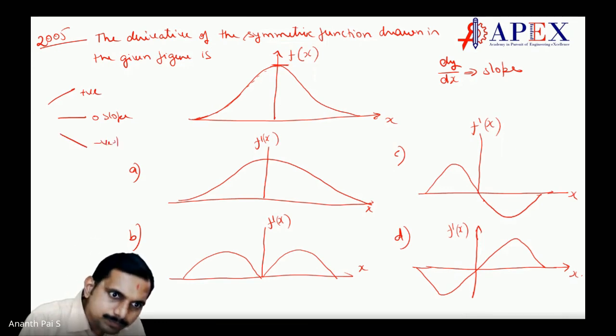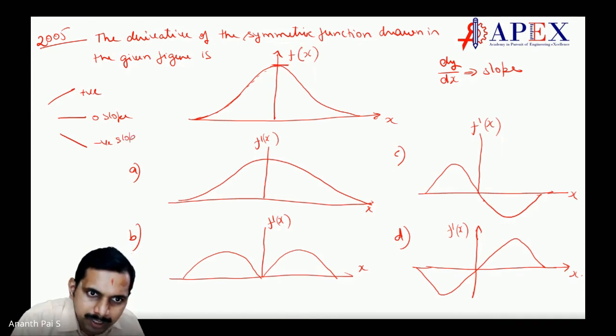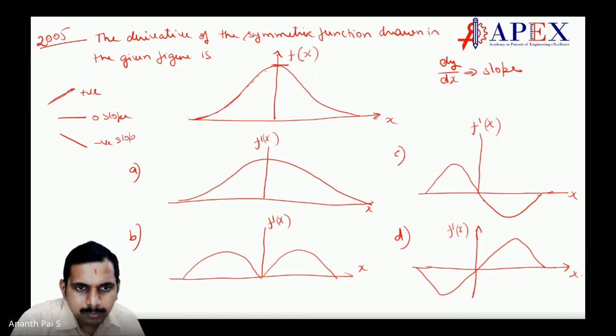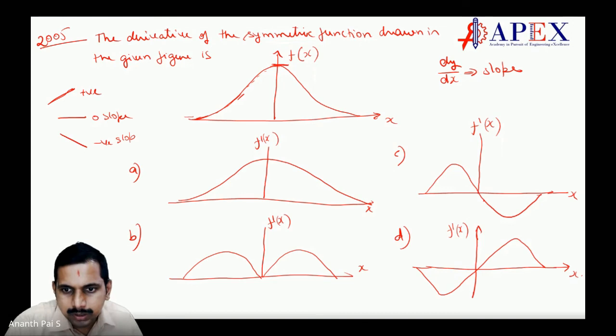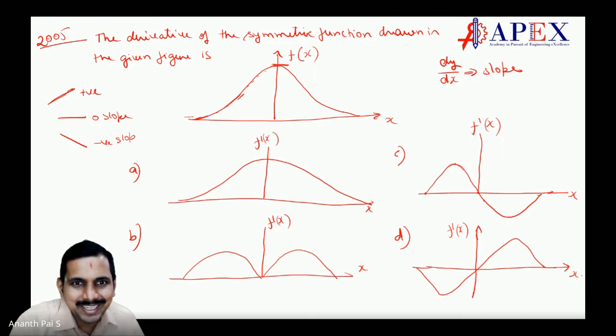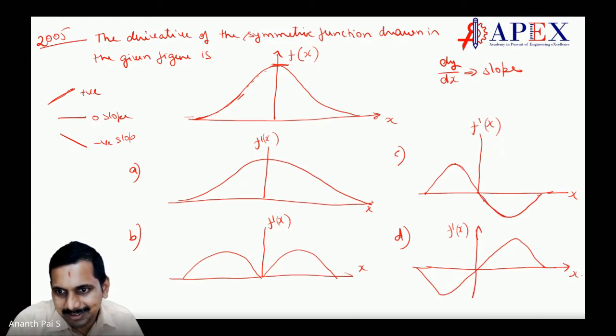Everywhere it is positive slope only. First it is less, then it goes more, then it goes to zero. So less here, goes to the maximum slope and then goes to zero. Then here everything is negative slope, is it not? Negative slope and then goes to zero. Makes sense.